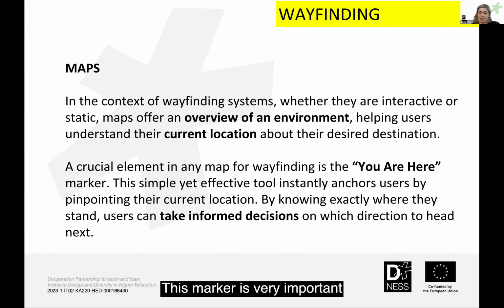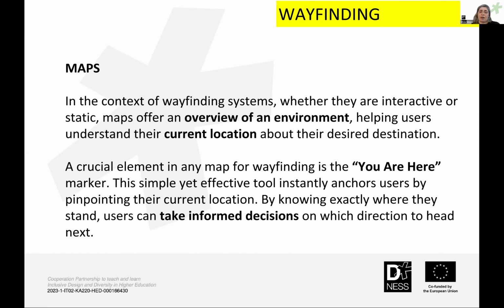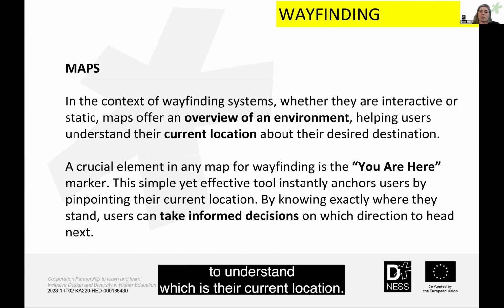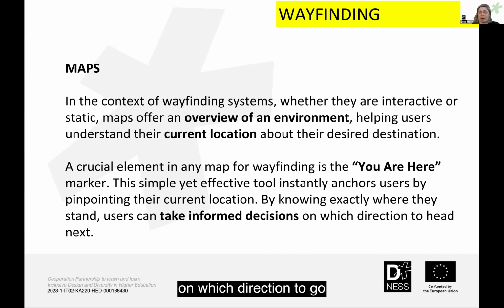This marker is very important to allow people to understand their current location and, based on that, to take an informed decision on which direction to go to reach the destination.